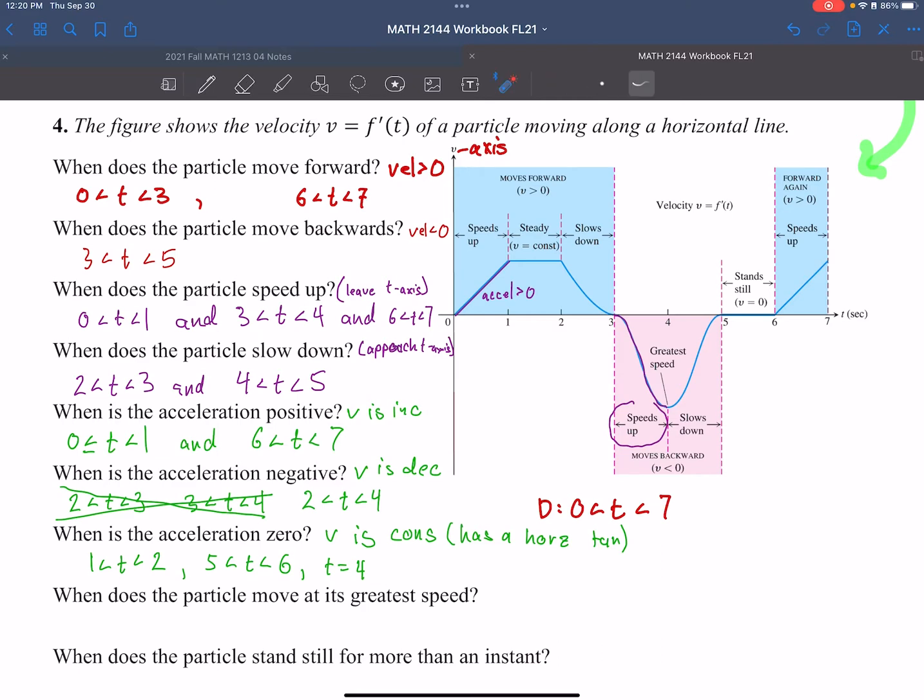But in this case, it's talking about the acceleration of the particle. So there is also this instant right here at t equal to 4 that you can see the velocity is speeding up here, and now it's going to slow down. So in order to slow down, you need the acceleration, the force pushing you, in the opposite direction. So t equal to 4 is correct.